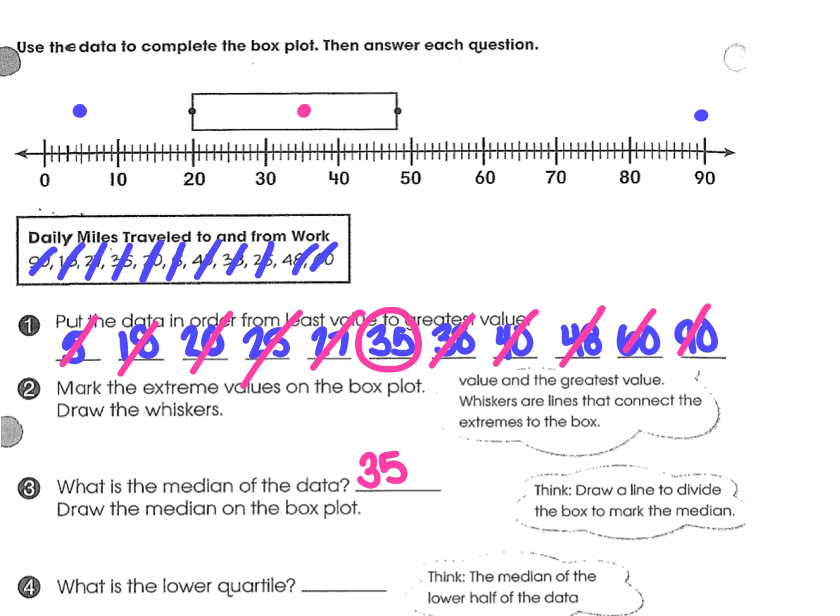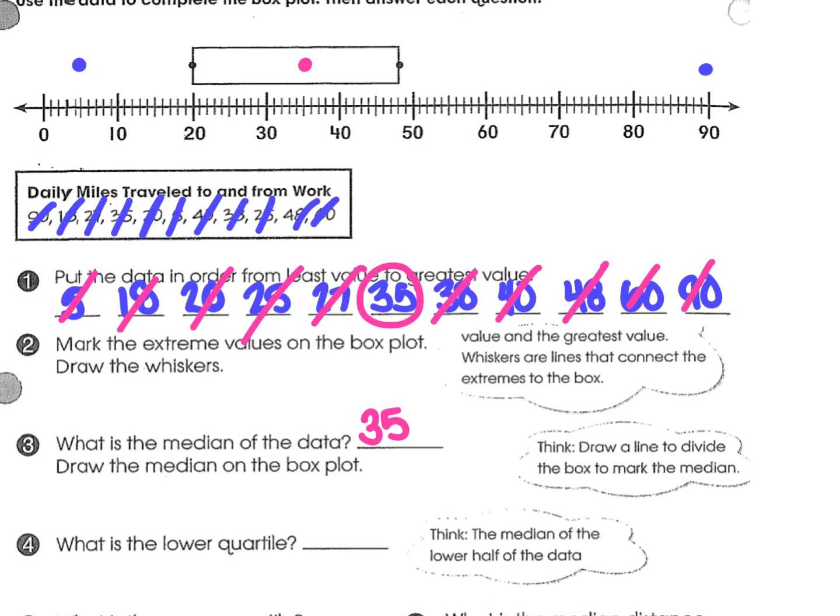Okay, now we need to find the lower quartile. Look up here before you start this, because I'm going to give you a couple of hints. The lower quartile is the median of the lower half. When we have a box and whisker plot where we land exactly on one number for the median, like we did here, we're going to ignore that median.